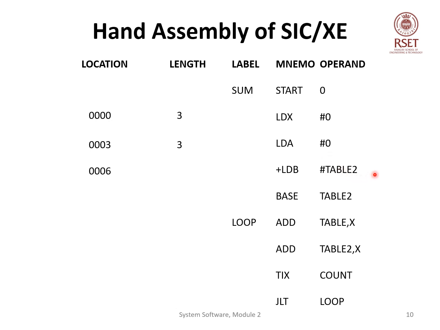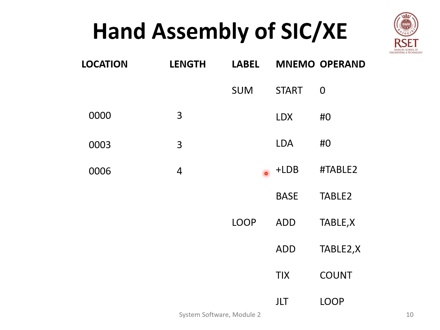Now coming to the next instruction, +LDB. The plus symbol indicates that it is format 4, meaning the length of the instruction is 4 bytes instead of 3 bytes. So the length is 4. So the next address should be 0006 plus 4. Okay, there is a tricky part there.